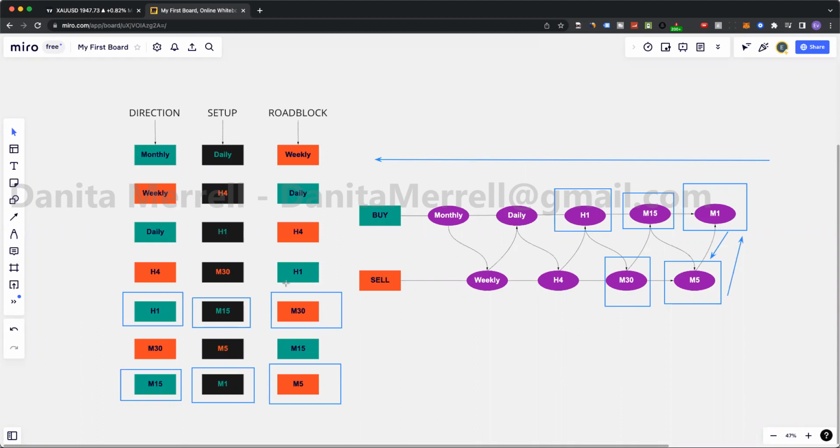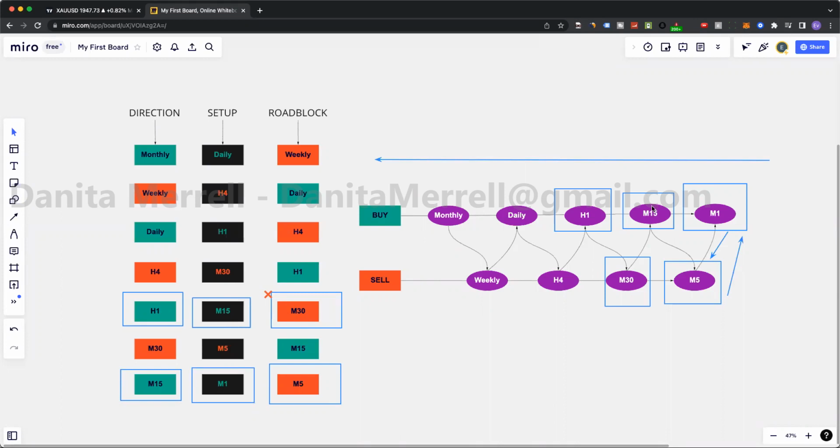But now let's say on your H1, from M15 that broke the M30, let's say that didn't happen. Let's say it failed to break the M30.